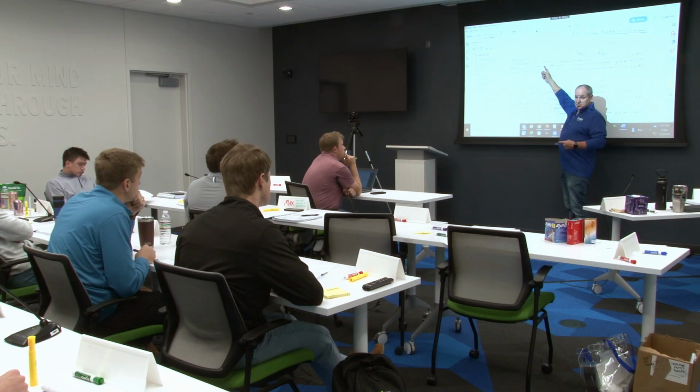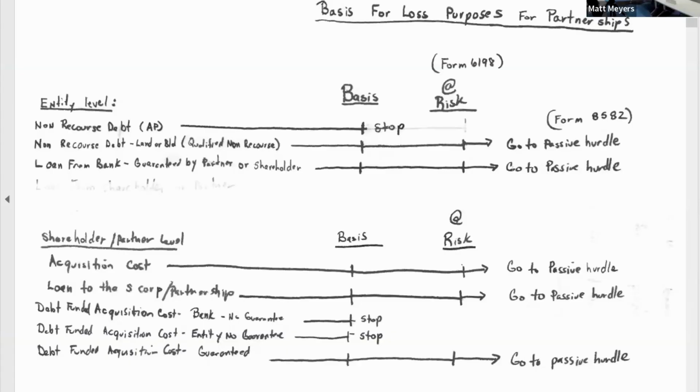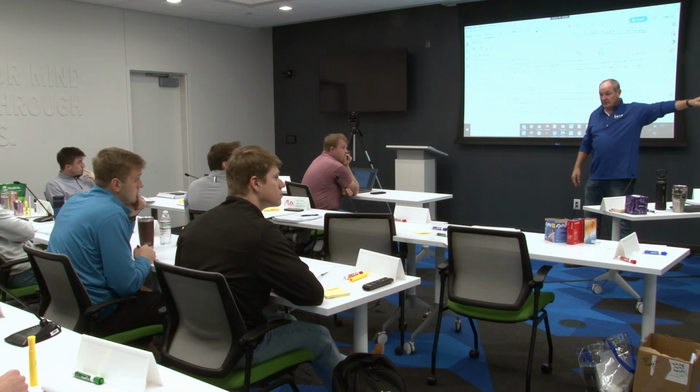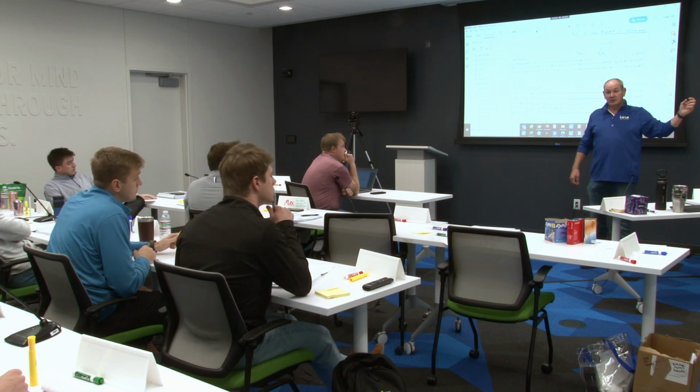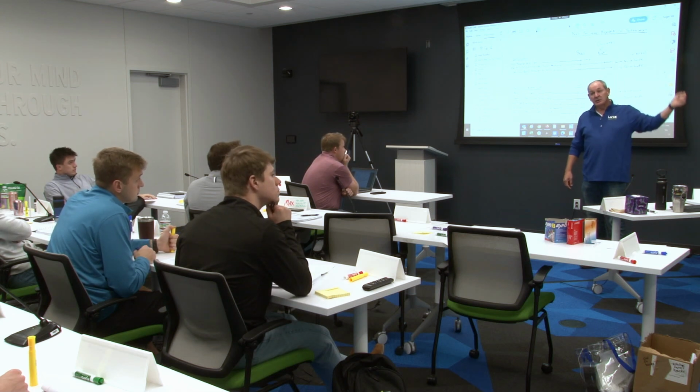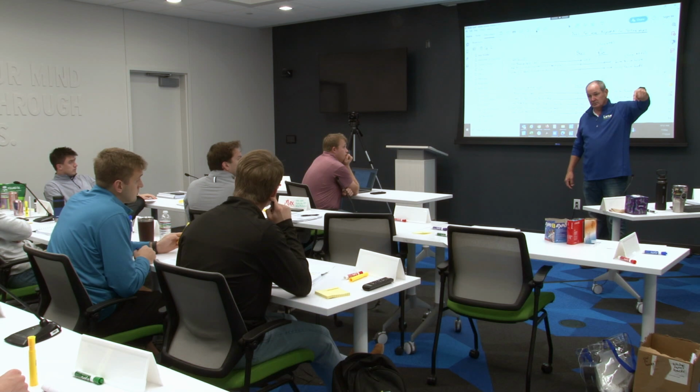Do we have non-recourse debt? Yes, 140. So if we come over here, is the 100,000 loss larger or smaller than 140 of non-recourse debt? Smaller. So the fact that we have non-recourse debt allows that $100,000 loss to hop over the first hurdle.